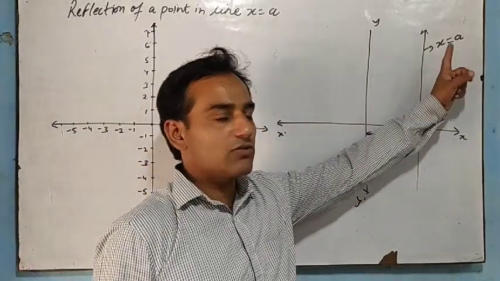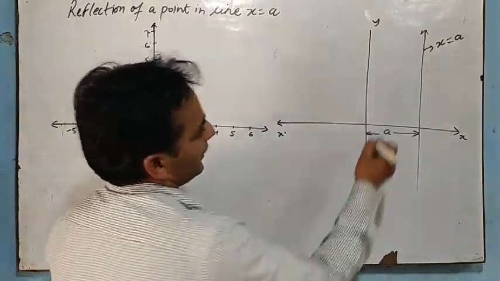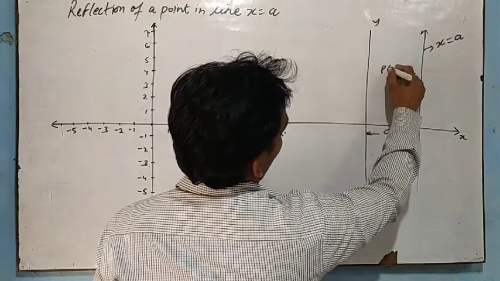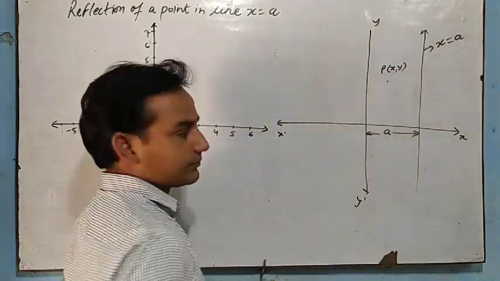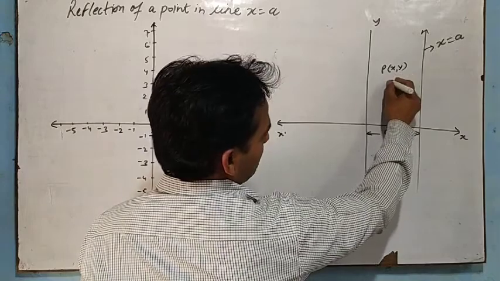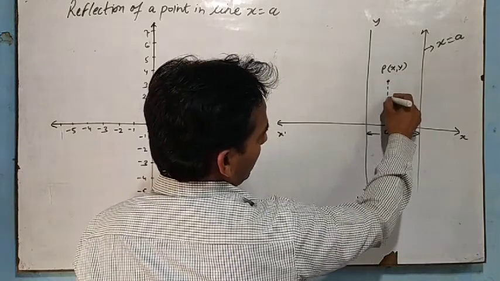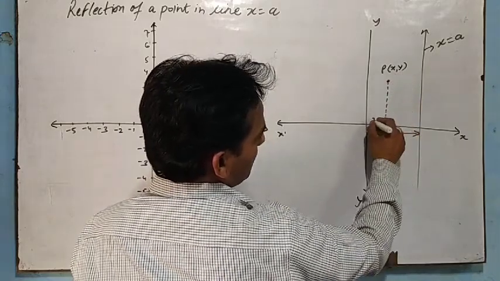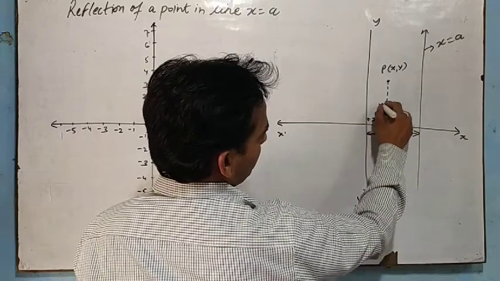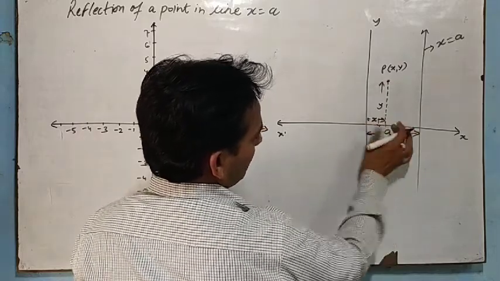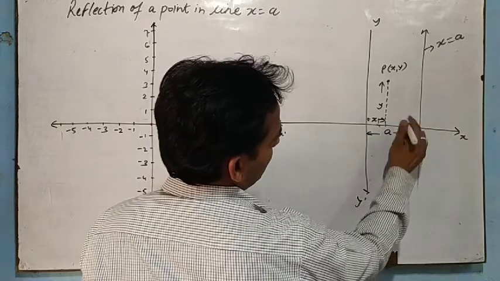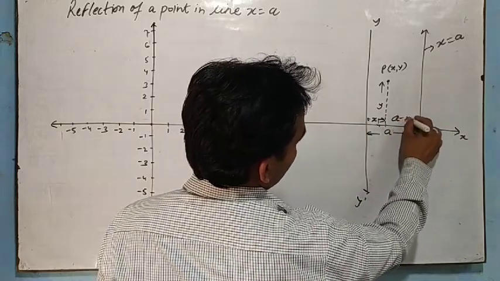If this line is x is equal to a and we have a point P, x comma y, what this point means, x comma y, means if we draw perpendicular, this will be x and this will be y. If this is x, this whole is a, so this remaining will be a minus x.